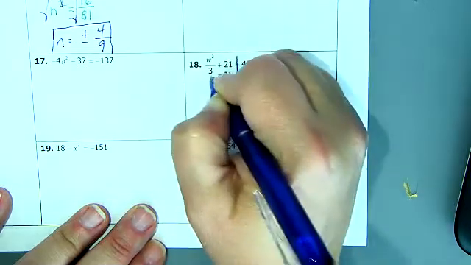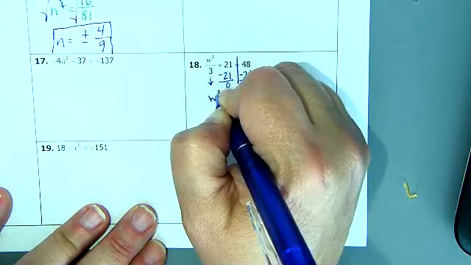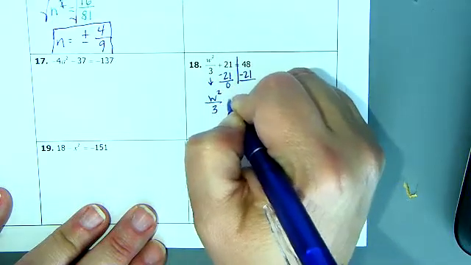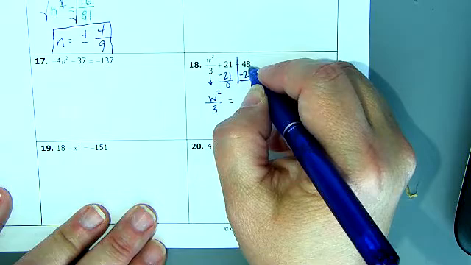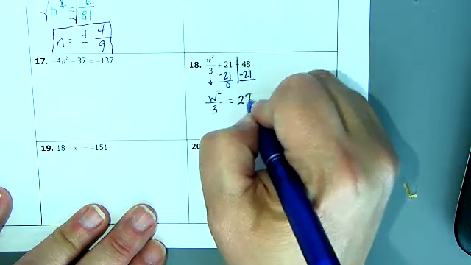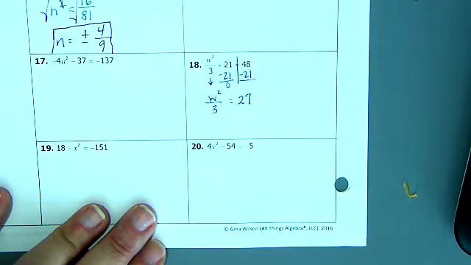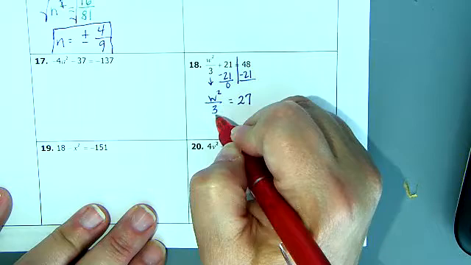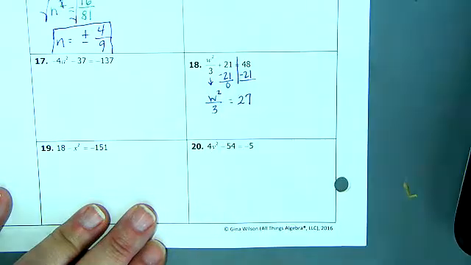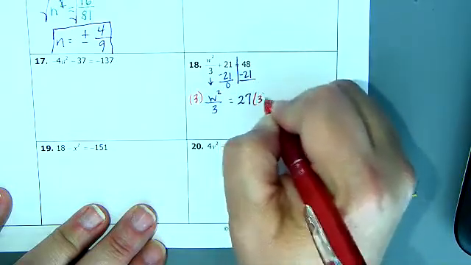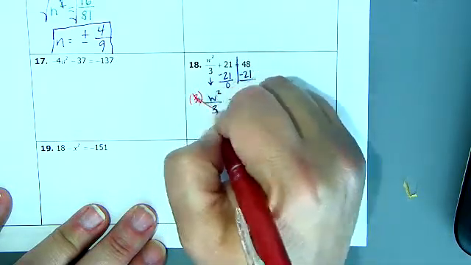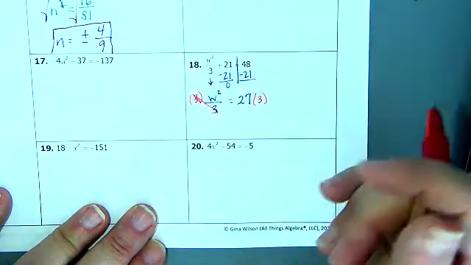That equals 0. We bring down the rest and I have w squared divided by 3 equals 48 minus 21, that's going to give me 27. Now I look, how is the 3 connected to the w squared? By division. So I'm going to multiply by 3 on both sides to make this equal 1, which means the 3 is gone.